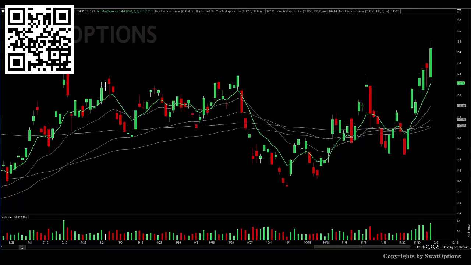You need to have a plan based on the charts, on the options activity, on the open interest, and most important of all, once again, is price. I keep saying the same thing every single time: for me the most important things are price and volume.